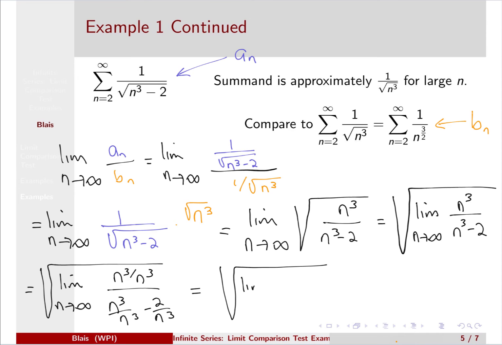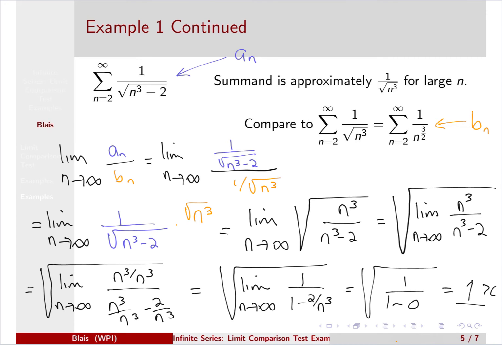This gives us the limit as n goes to infinity of 1 over 1 minus 2 over n cubed. Applying our limit laws, this 2 over n cubed goes to 0, and so this becomes the square root of 1 over 1 minus 0, or the square root of 1, or 1.